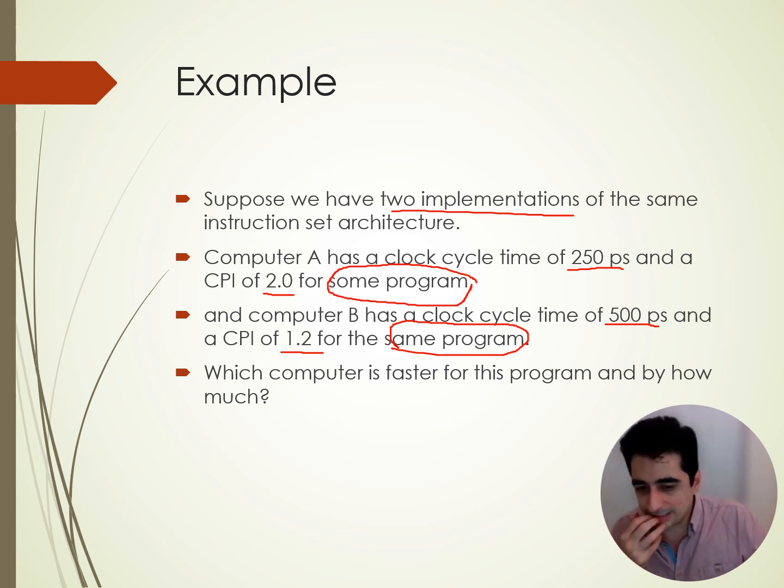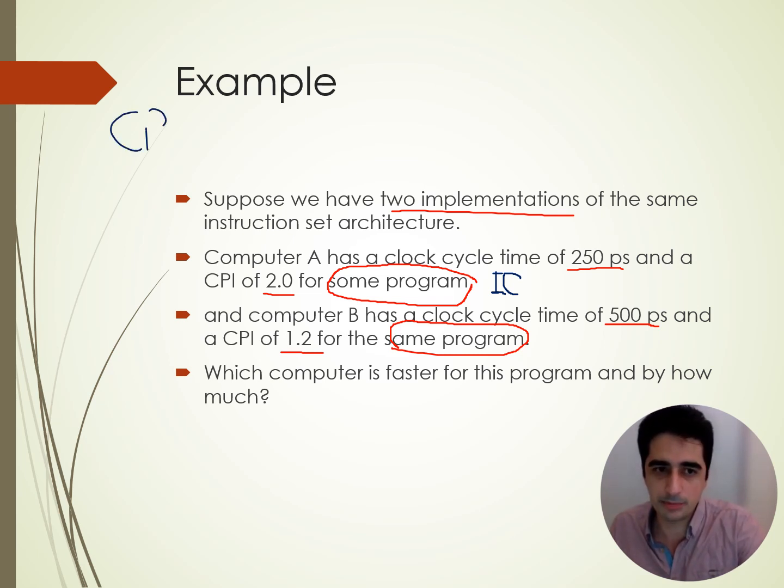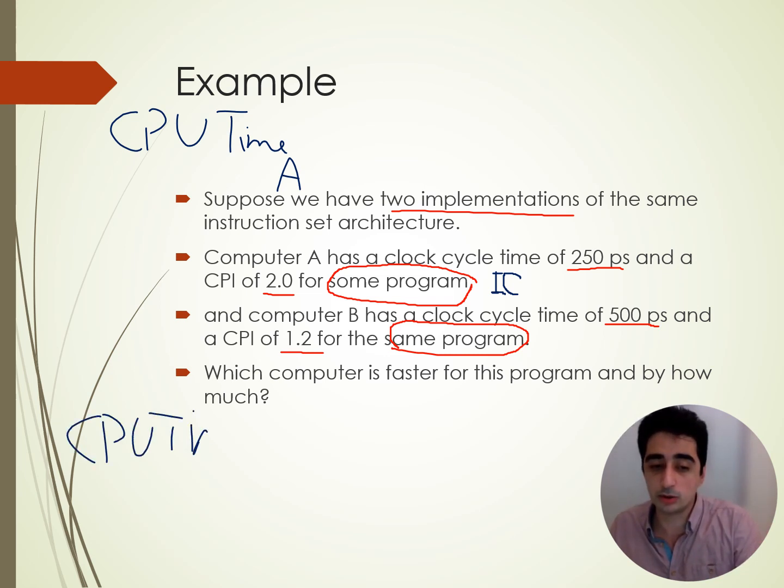In order to simplify things, I'm going to assume that this program has an instruction count equal to IC for both architectures, for both A and B. So when I write IC, I'm referring to the instruction count of the program in both computers A and B. What I'm going to do is find out the total execution time or CPU time of computer A to run this program, and calculate the CPU time of computer B to run the same program.